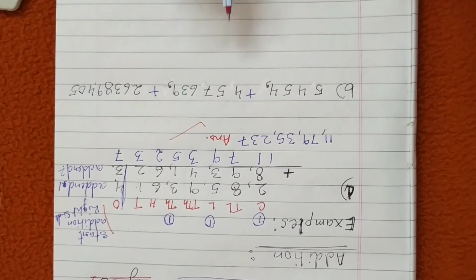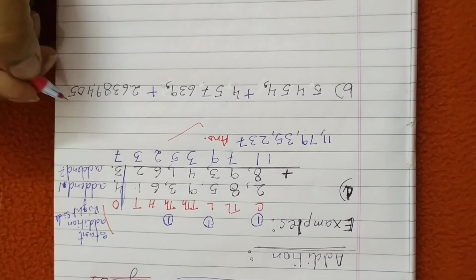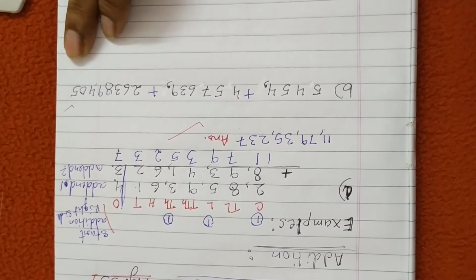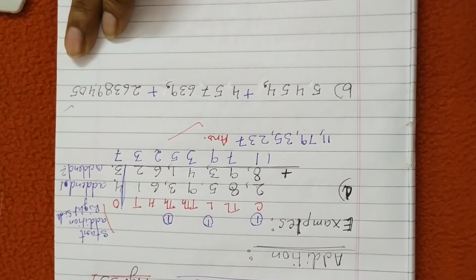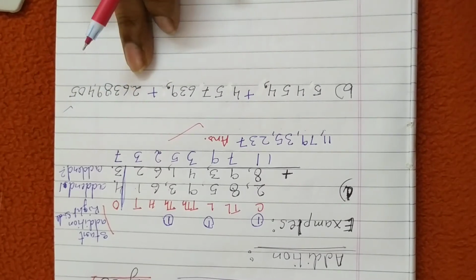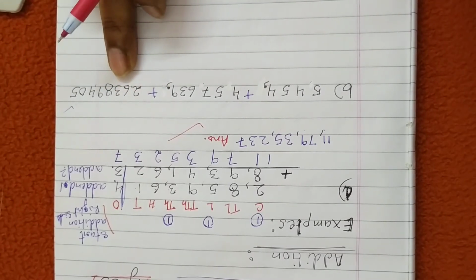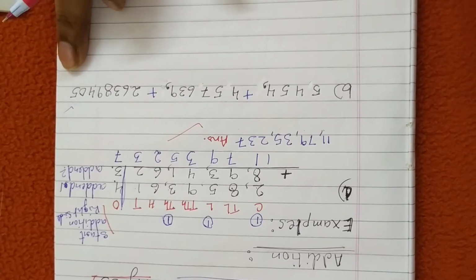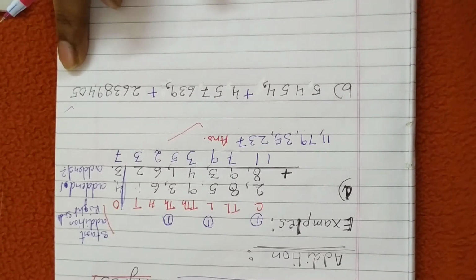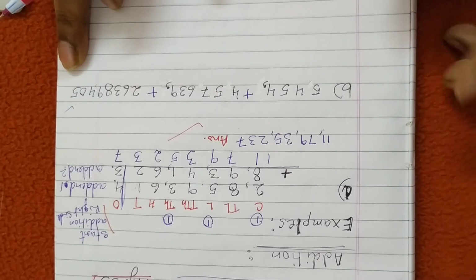Now see which is the largest addend here. This one, 2,63,89,405. So first write the place values till the crores period. First you have to find the largest addend. Our largest addend is 2,63,89,405. The first step is to write all the place values till the crores period.